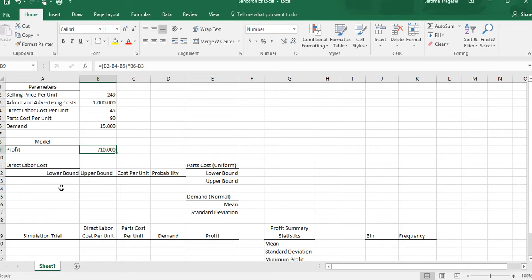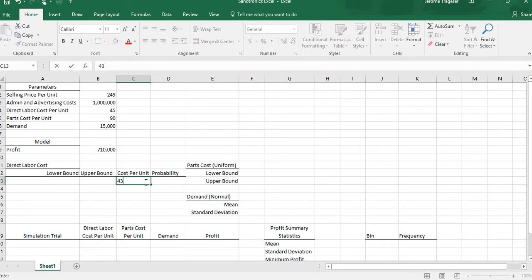So now we need to create a model, and to do that we need to know about the costs and the demand. We're told that the direct labor costs follow a discrete probability distribution, and we want to go ahead and set up a table. We're given some information in the book here. We're going to enter our cost per units and the probability associated with that.